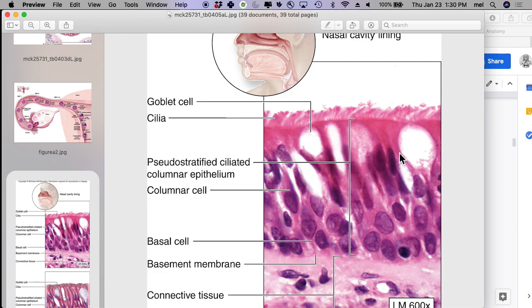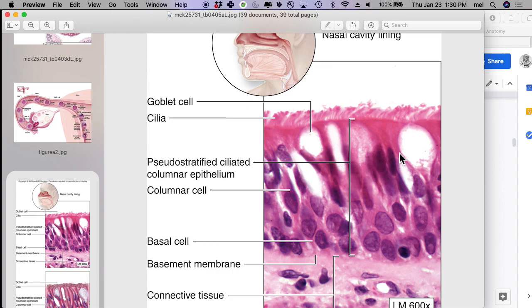It's going to stain relatively clear, and it's going to look skinny on the bottom because the nucleus is usually right there, so it ends up looking like a goblet. Does that make sense? Okay. And what it does is it produces these little vacuoles that don't usually stain with this staining technique. Those vacuoles have a protein in them called mucin, which when you mix it with water forms mucus.